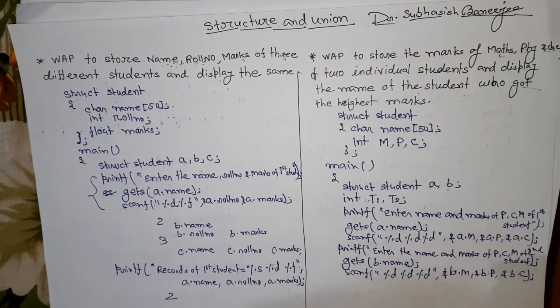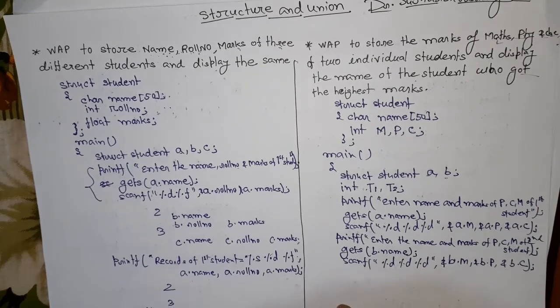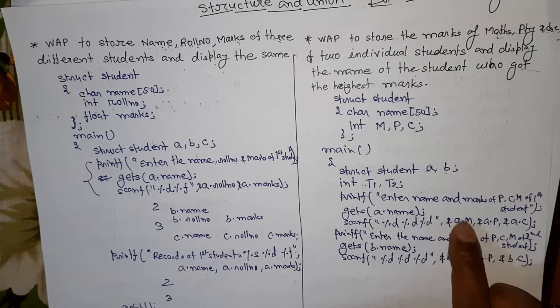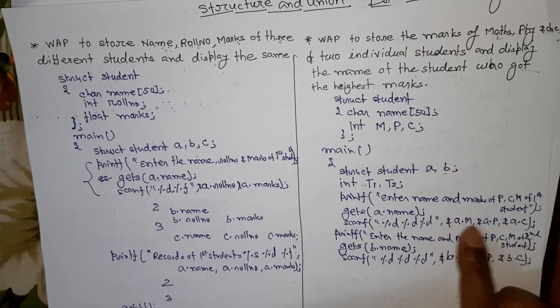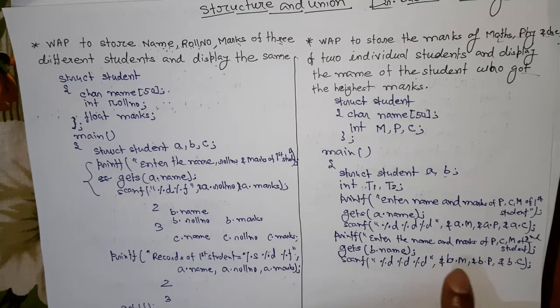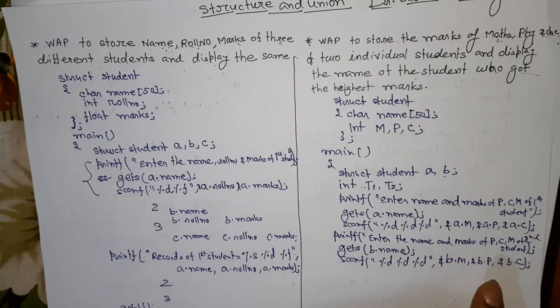Now once we have these two inputs, we'll have to display either the name of the first student or the second student. How? Based on the sum of all the marks of physics, chemistry, mathematics of the first student and the sum of the maths, physics, chemistry of the second student. We'll compare the sum of both students, and whoever is greater, their name will be displayed.